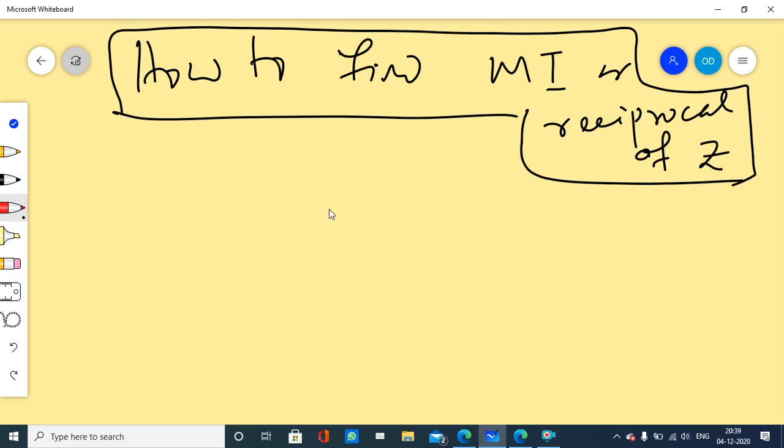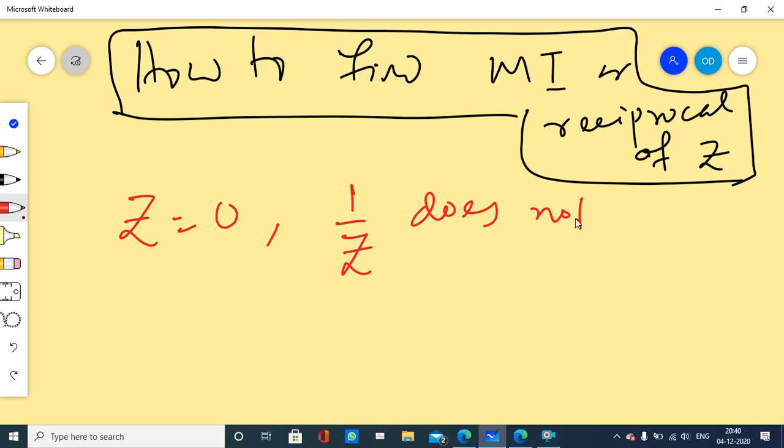Let's see. Do you remember I told you that 0 is also a complex number? It's both a purely real and purely imaginary complex number. In the last class we discussed this. I told you that the multiplicative inverse of 0 does not exist. It is not defined, because 1 by 0 is undefined.